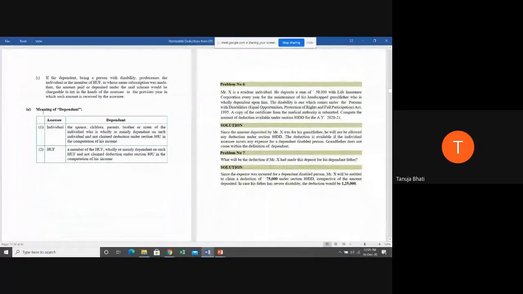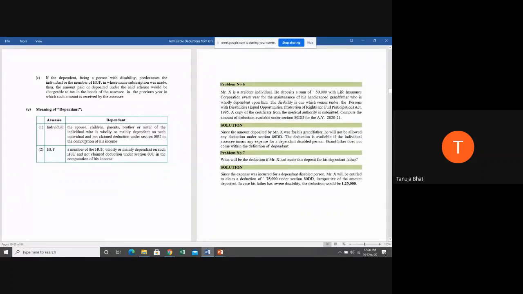Okay, so what is the meaning of dependent? Let us see first. In case of an individual, the spouse, the children, the parents, brother, sister of the individual who is wholly or mainly dependent on such individual and for whom he does not claim deduction under 80U is going to be a dependent.